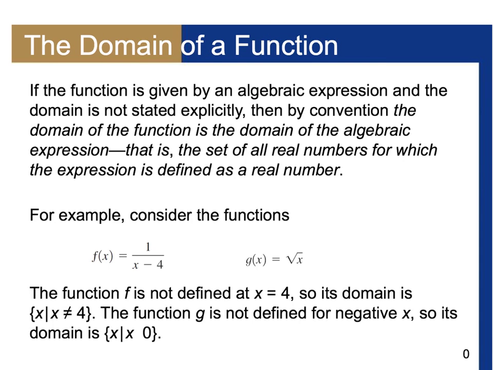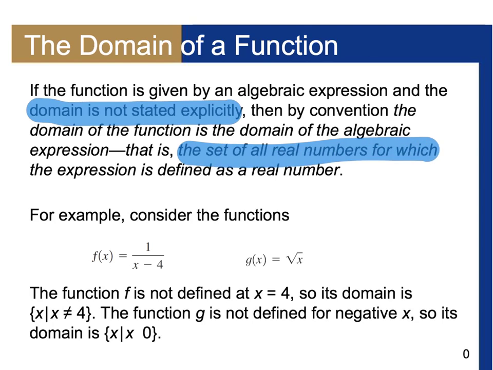Okay, if the domain is not stated explicitly, then we use the set of all real numbers for which the expression is defined as a real number. In other words, any x that works, okay? So looking at this first function, f of x equals 1 over x minus 4, think of where this is defined for real numbers, for x.